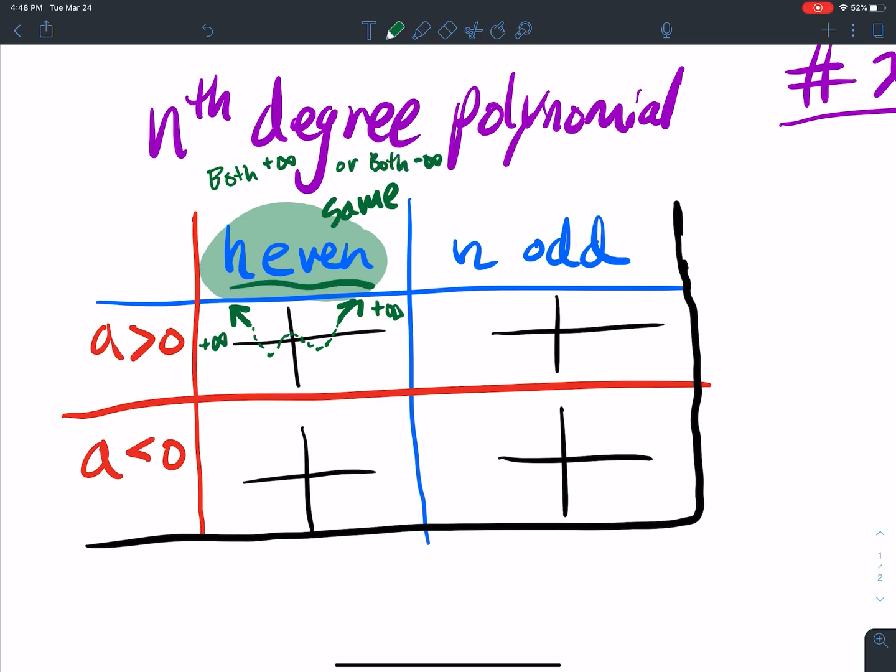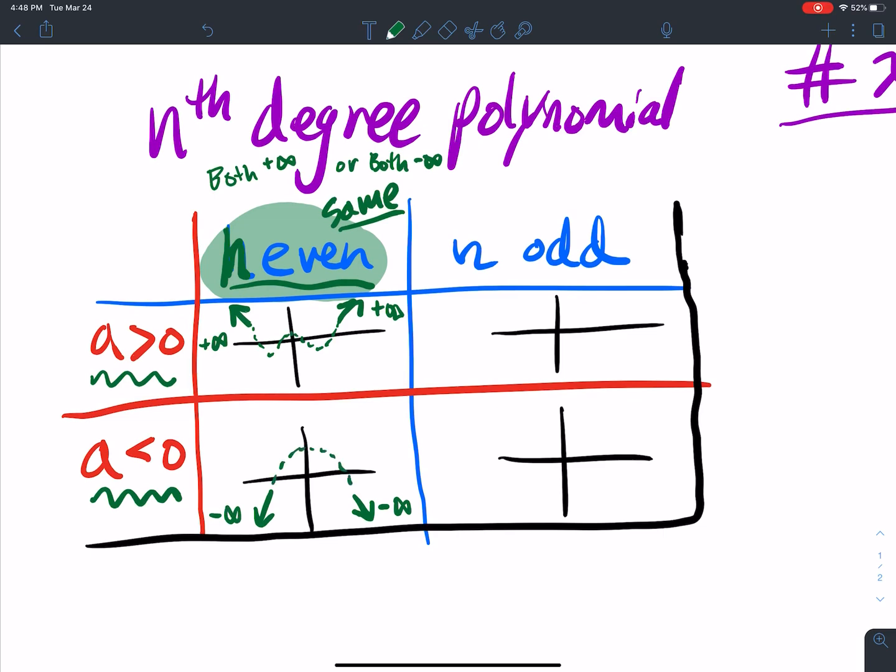But even is the same. Now, if a is greater than 0, we're going to positive infinity. But if a is negative, what's happening? Instead of positive infinity, we go to negative infinity on both sides.